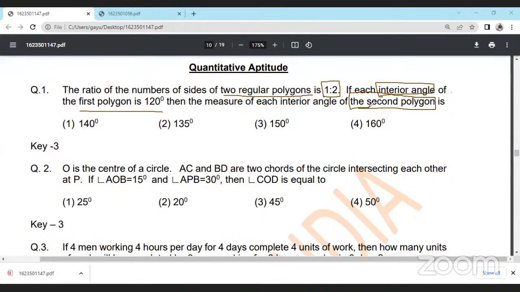Okay, so what is called the interior angle?